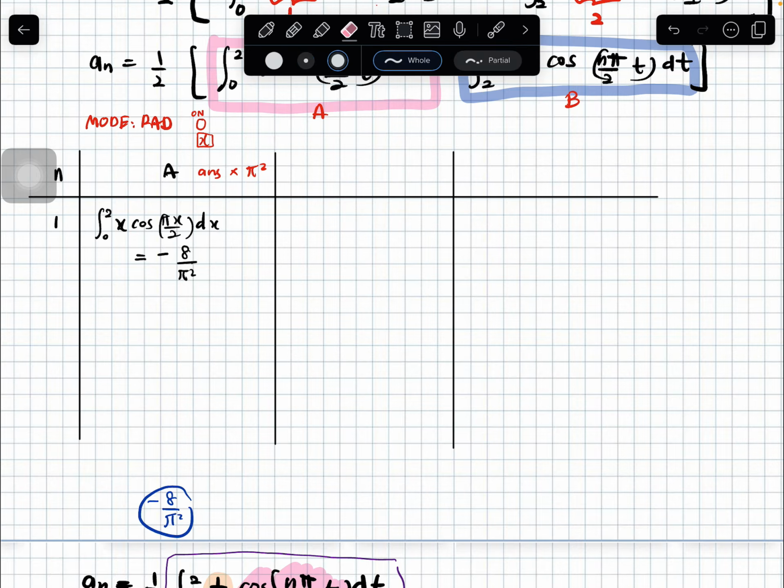Or you can write it like this first, where we put 1 over pi square and then negative 8 is obtained from the calculator. So this is negative 8 over pi square. That is the answer we want.